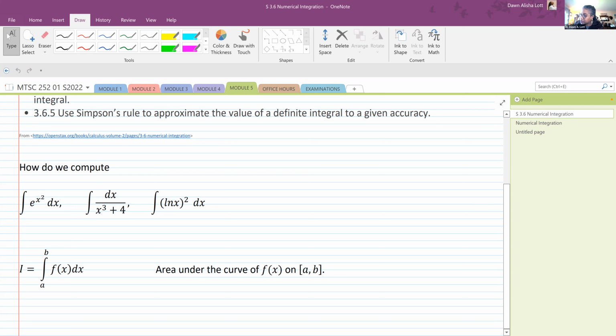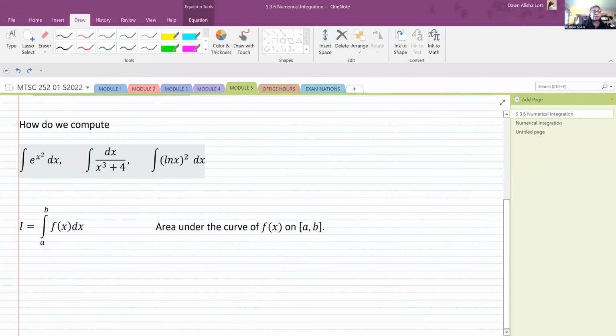If this had an x next to it, we could use u substitution, but we don't have that. If this were an x squared, we could use tan inverse, but we don't have that either. And if this were maybe just log of x to the first power, we could do it, but what do you do with log of x squared? So these are some difficult integrals.